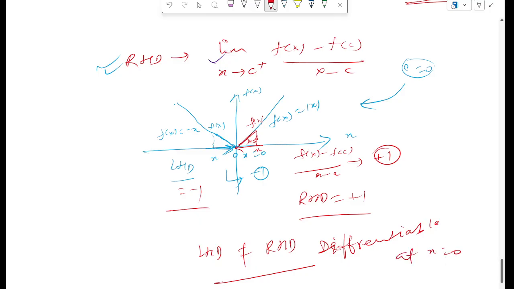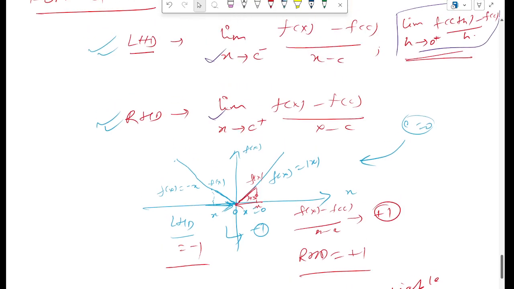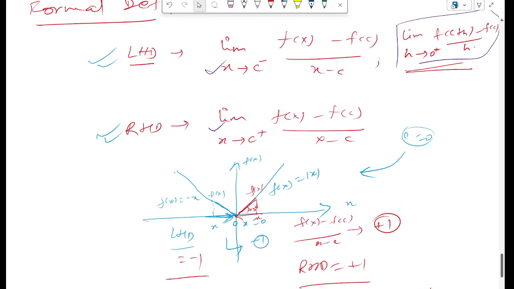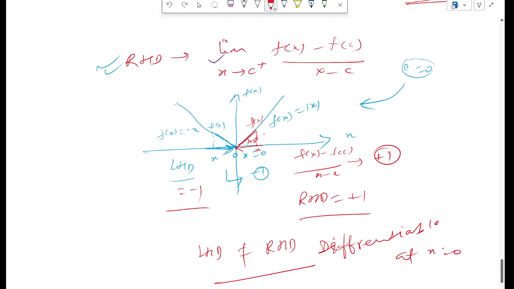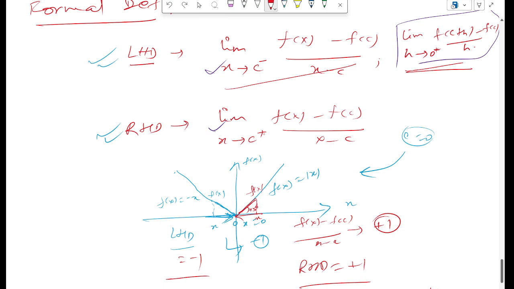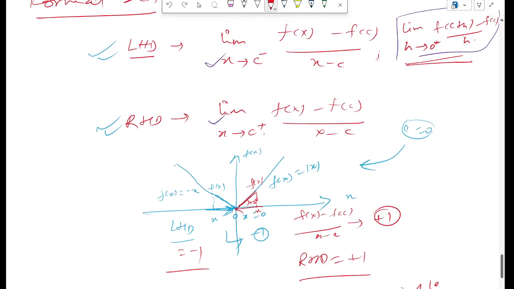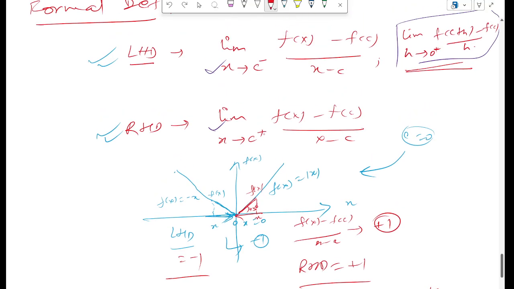We can say this. Now, what I am trying to say here is you should understand the meaning of this formula. You should not just remember this formula. You should know what this formula is trying to say to us, right? So this formula is nothing but the slope of the function when we approach c from the left side, and this is the slope of the function when we approach from the right side.